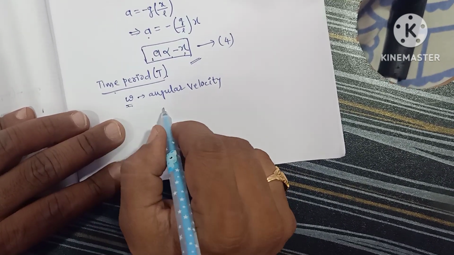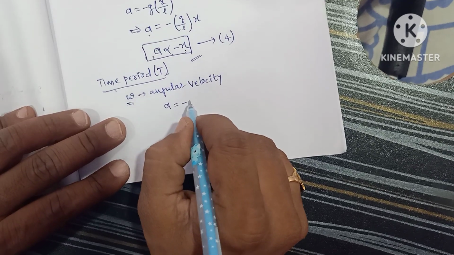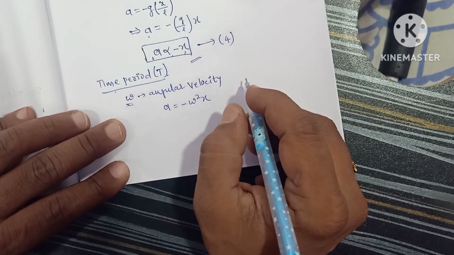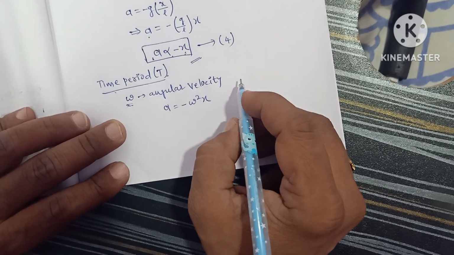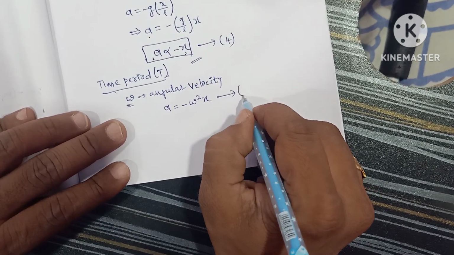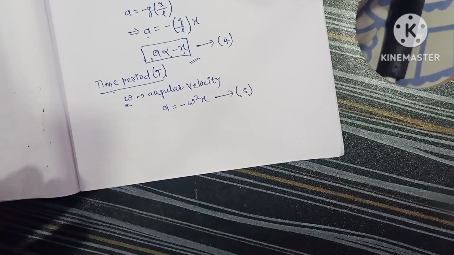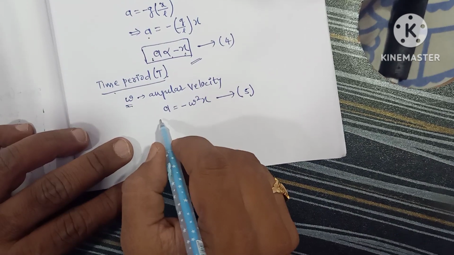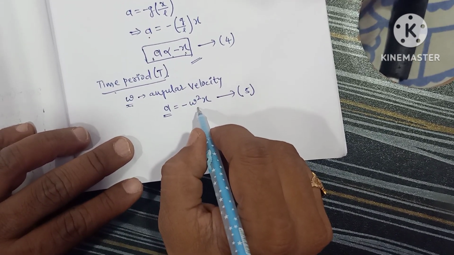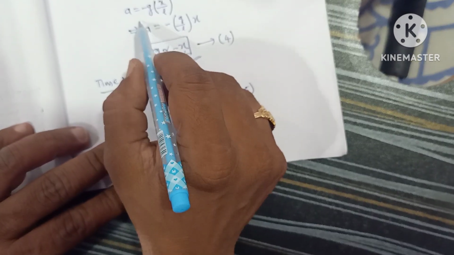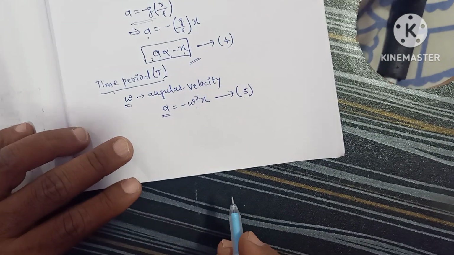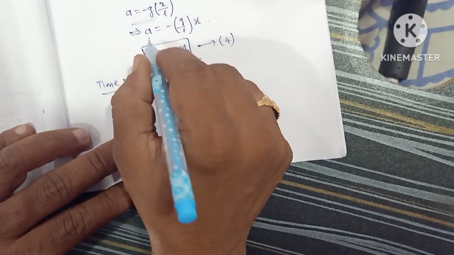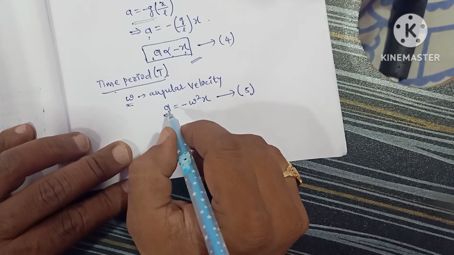Then if omega is the angular velocity, then its acceleration will become a is equal to minus omega square x. Okay, a is equal to minus omega square x, say equation number 5. And here we have a is equal to minus g by L into x. So if LHS are equal, we can equate RHS.